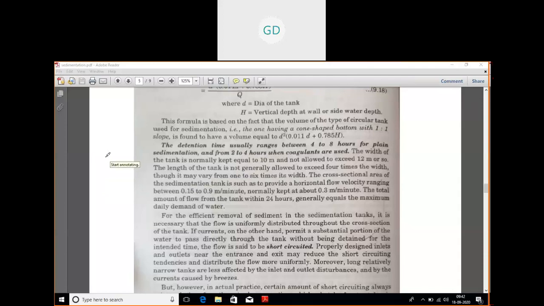Your chapter one is basically about volume one, that is water supply engineering by SK Garg. This is volume one.